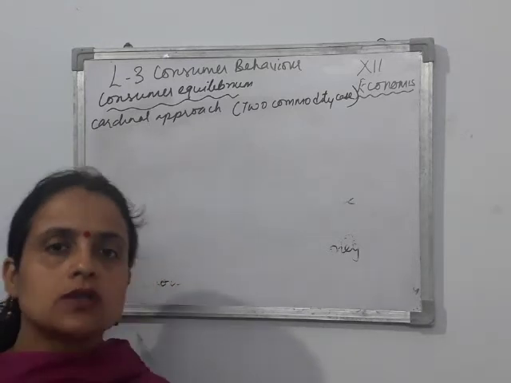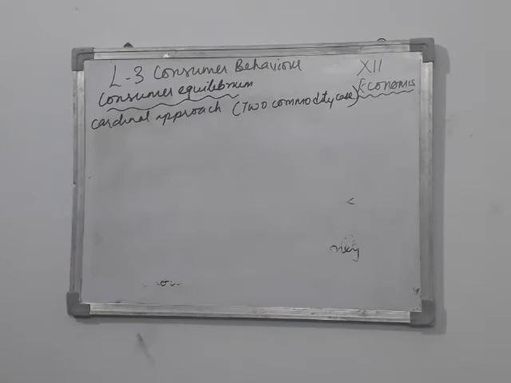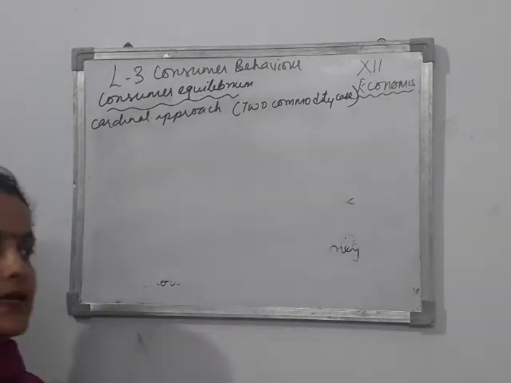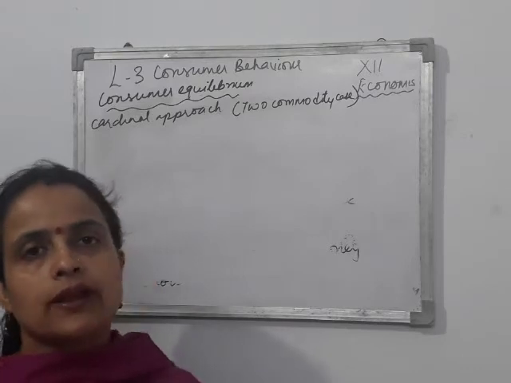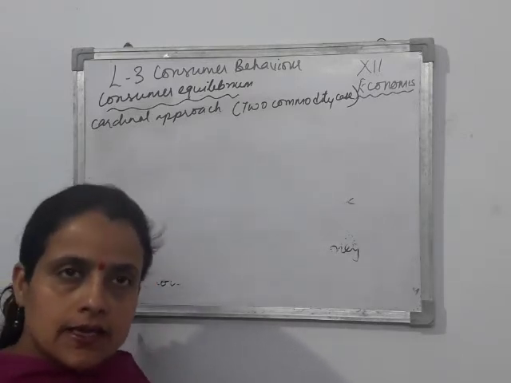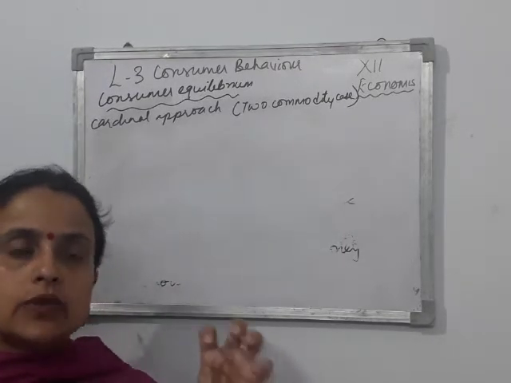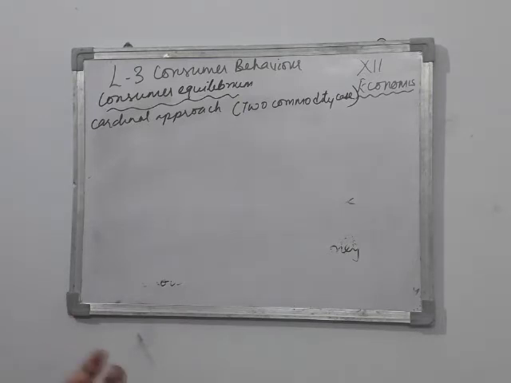It limits it because the income of the consumer is what? Limited. Every consumer has to buy a number of goods and services with his limited income only. So every consumer, what he has to do? He has to satisfy his wants within his limited income only.